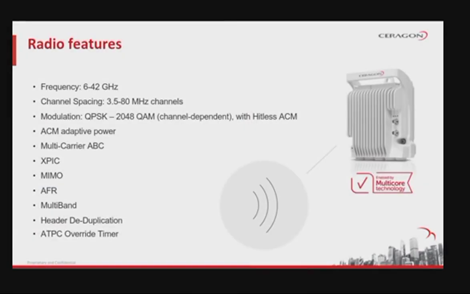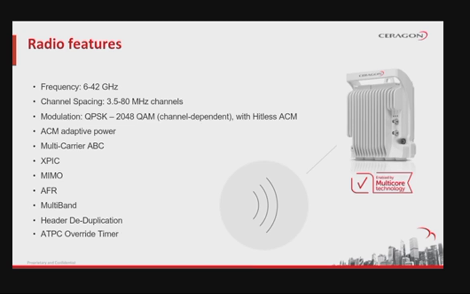Let's see now the radio features covered by this unique product. It can operate in 6 to 42 GHz frequency range. It supports channel spacing from 3.5 to 80 MHz, and modulation can go from QPSK to 2048 QAM, channel dependent, with hitless adaptive coding and modulation.